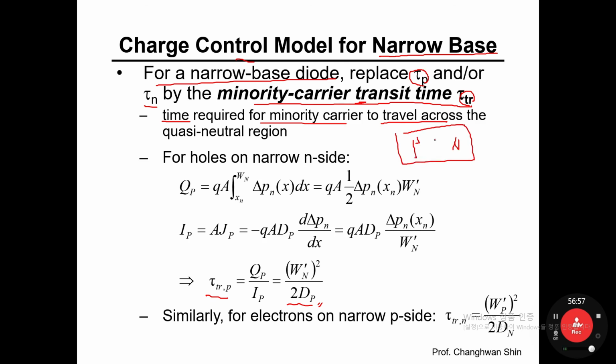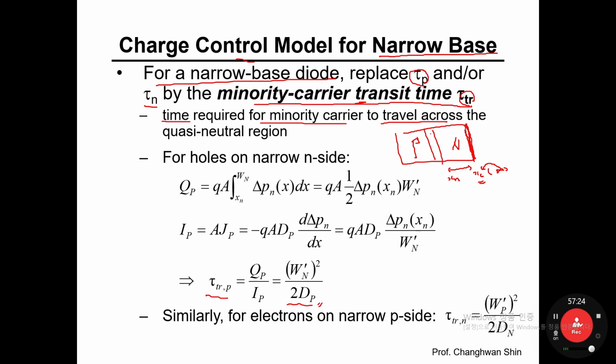So for a given PN diode, here the base width is very limited. This is xn, this is xc. Instead of infinity, I have used a constant value to indicate the edge of the n-side quasi-neutral region. That means we are talking about the narrow base.